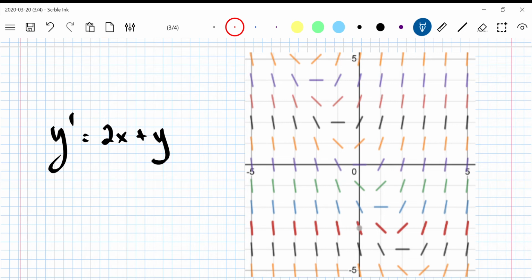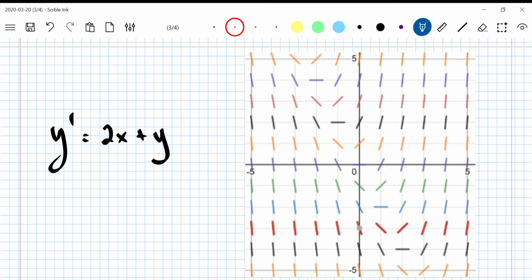I know we didn't really talk about this before. It is just a big graph of a lot of slopes of the differential equation. But if I wanted to, I could actually find all of the individual general solutions put together here.